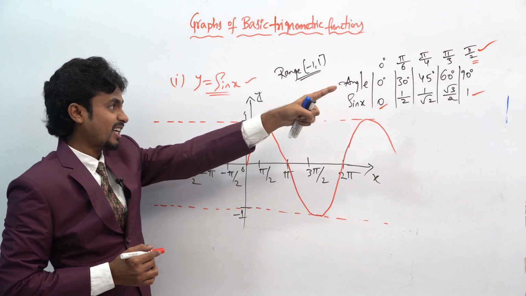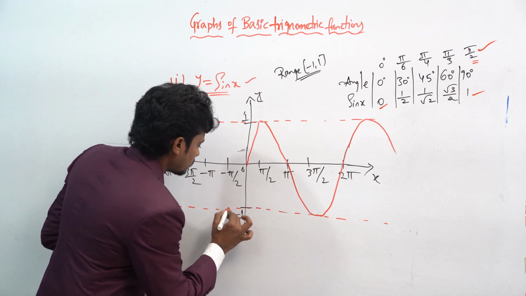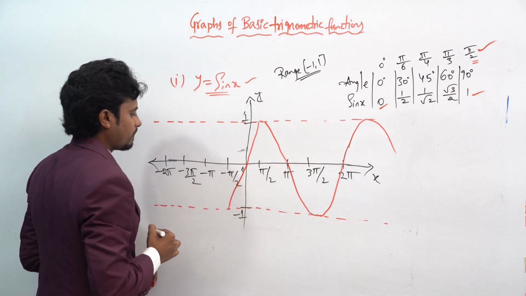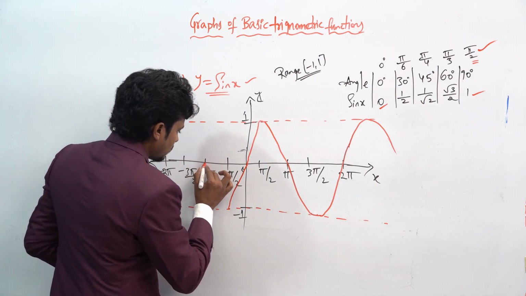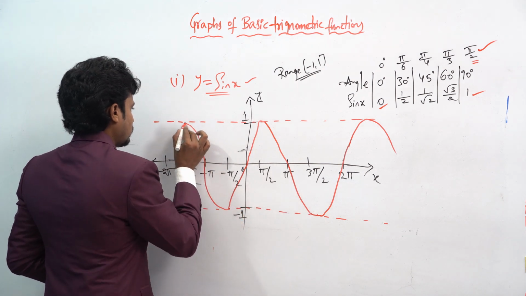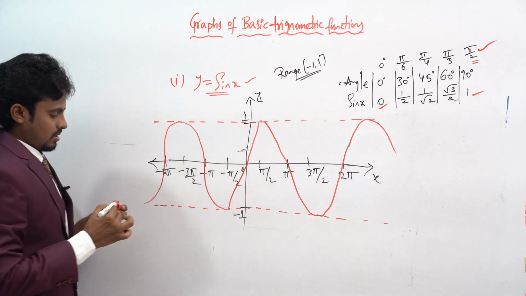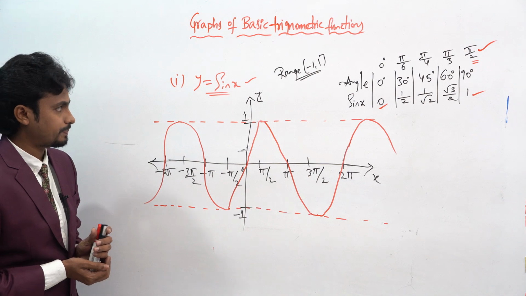For example, if you take minus pi by 2, that will become -1. So this will be -1. Okay, here sin minus pi will be 0. In this way we have to draw the y is equal to sin x plot.